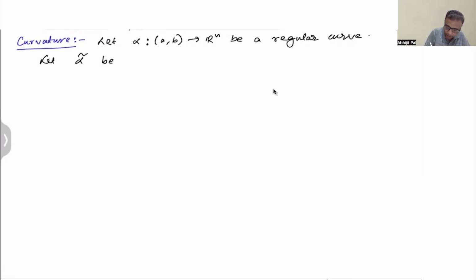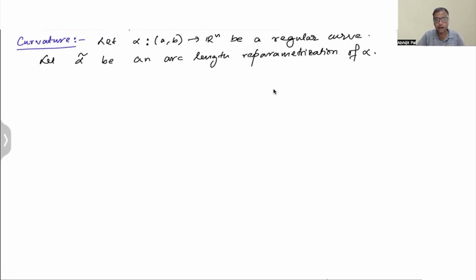So alpha tilde be an arc length reparameterization of alpha. So we have taken the arc length reparameterization. So this is also a unit speed reparameterization of alpha.